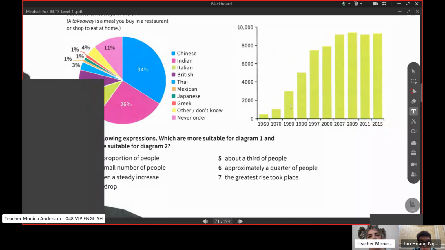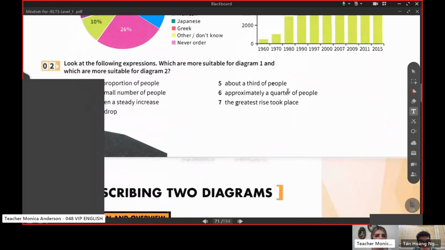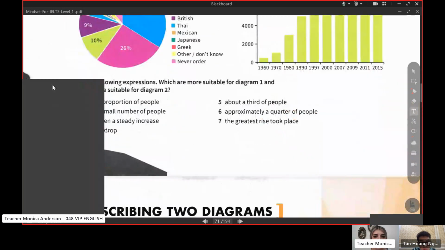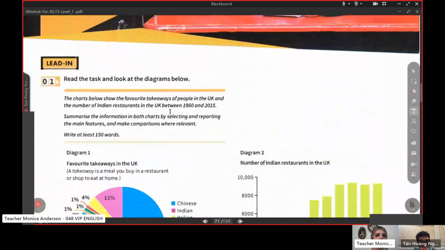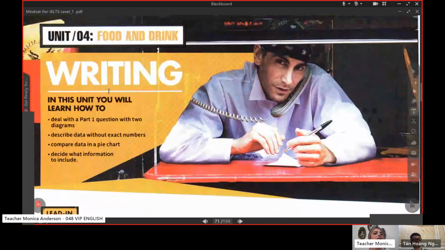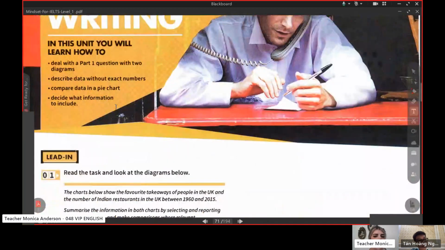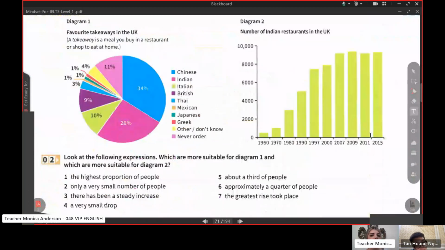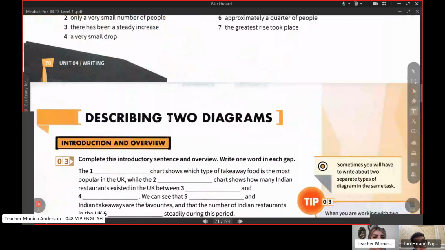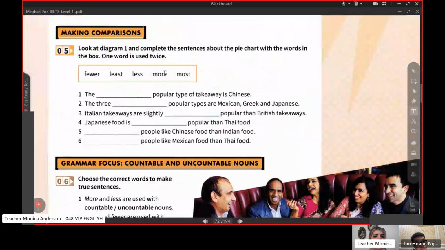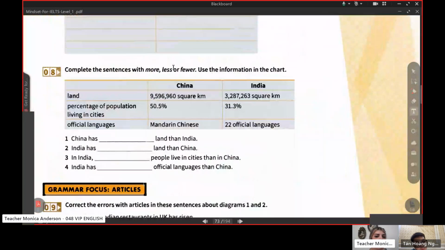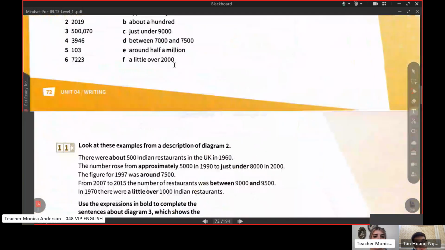So, for example, this is the first one, the writing section. Let me show you. As you can see, about food and drink, writing, and we have a pie chart and bar chart. There are some questions, and as you can see, there are lots of examples, sample questions, and sample answers.